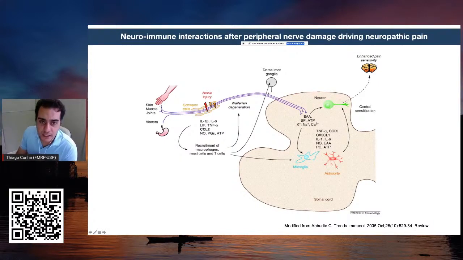But our lab is mainly focused on the neuroinflammation occurring at the level of the dorsal root ganglia. When you cause this kind of trauma in the periphery, there are also several neuroinflammatory processes occurring at the level of the dorsal root ganglia, and our lab is mainly focused on these mechanisms occurring at the DRG level.